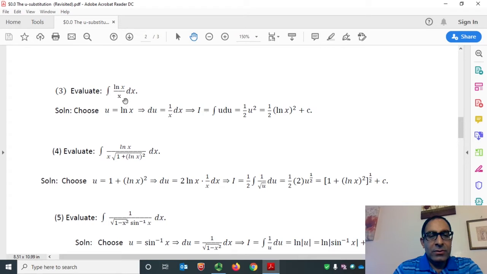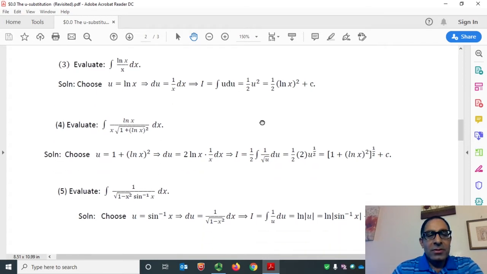So I equals the integral, ln x is simply u, and 1 over x dx is simply du. So the integral of u with respect to u is u squared over 2. Resubstitute the variables, so u equals ln x, so 1/2 times natural log of x, squared, plus C.